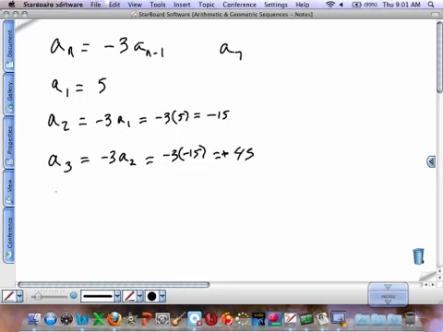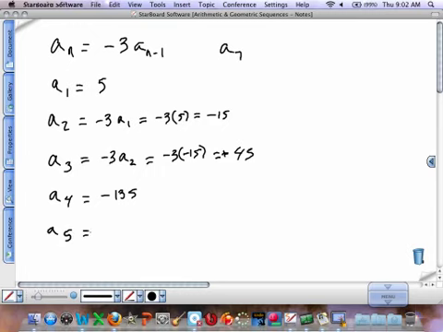Okay. Ultimately, what you're really doing with the geometric recursive is you're taking the previous value and multiplying it by the r. So I'm taking my previous value, 45, multiplying it by -3, and I get -135. That's my fourth term.